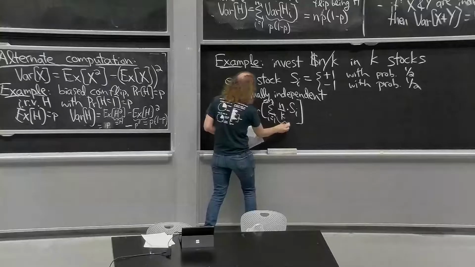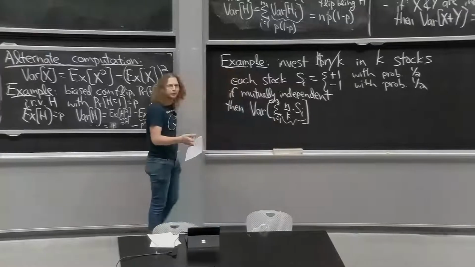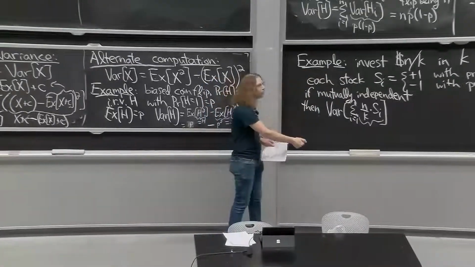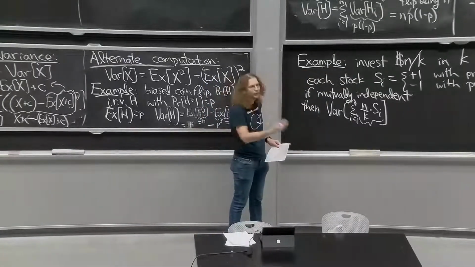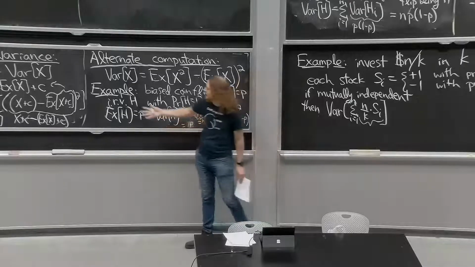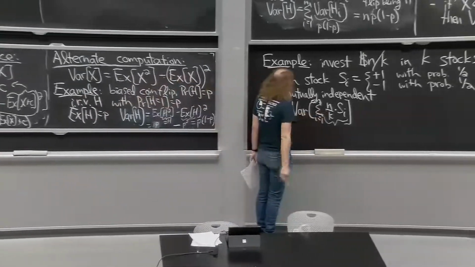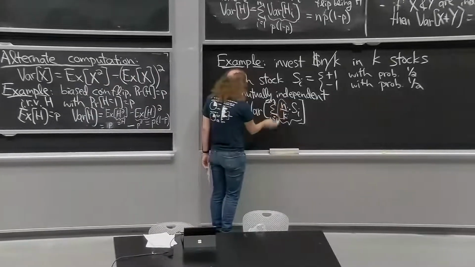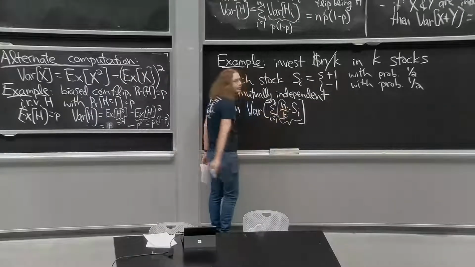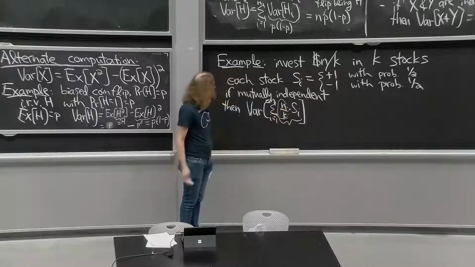Right, this is how many dollars, I assume you know the basics of investment. If you invest more dollars, then you're going to either get more back or lose more, just like this Xi. But I pulled it outside. So if we invest n over k dollars in this stock, then we end up with this many dollars in the end. We add it up over all stocks.